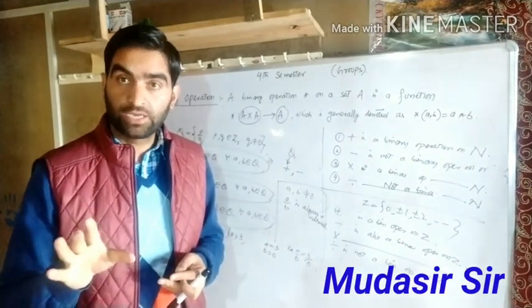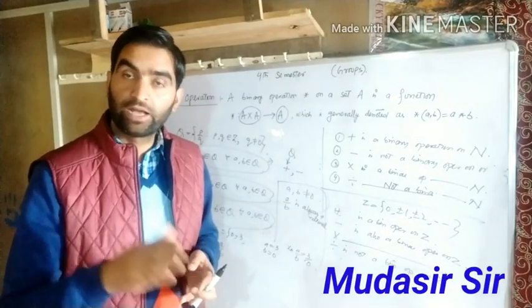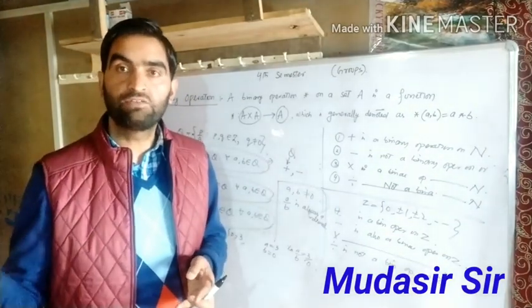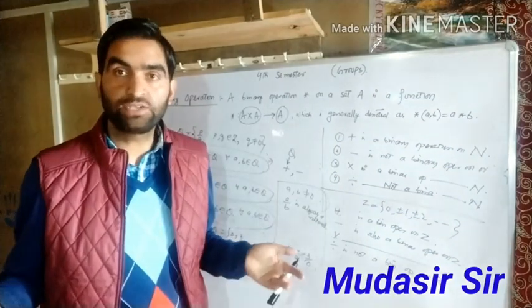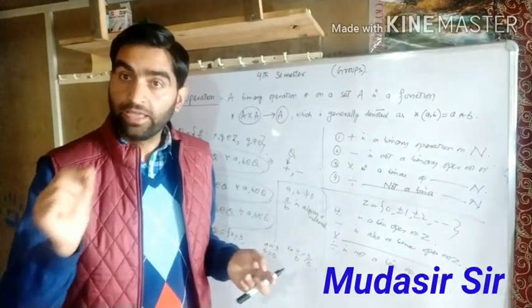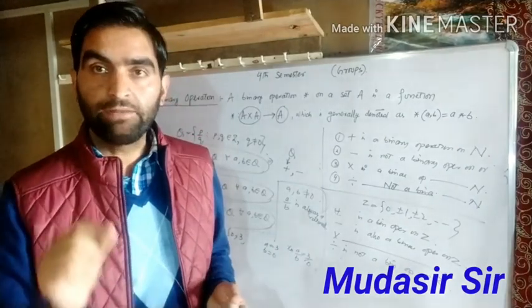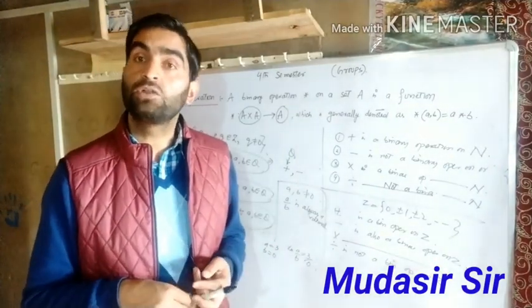Why no? Because it passes somewhere. If we take 3 and 5, 3 by 5 is a rational. 1 by 2 divided by 7 by 3 is also a rational. But at one place this fails. If we take A as 3 and B as 0, 3 by 0 is not a rational.